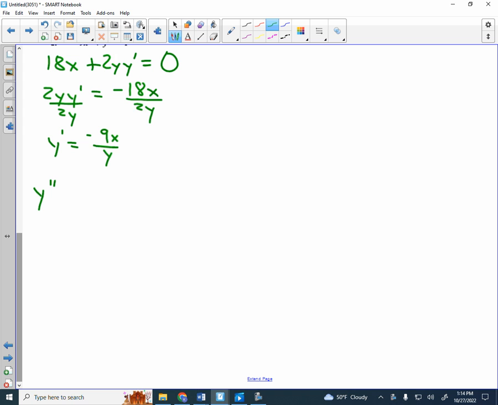Y double prime. Somebody, what rule do I use at this point? I do use the quotient rule. And the quotient rule says the derivative of the top, which is? I get negative 9 times the bottom.